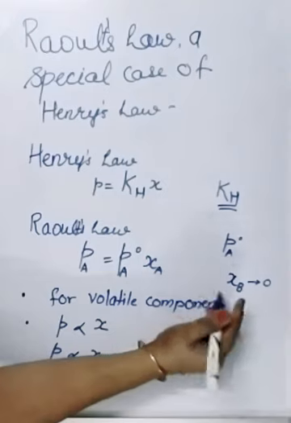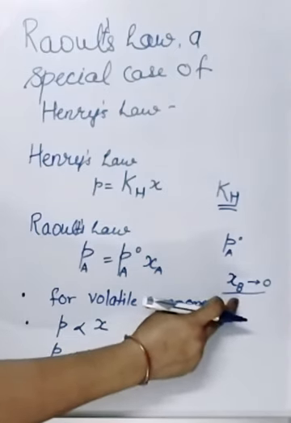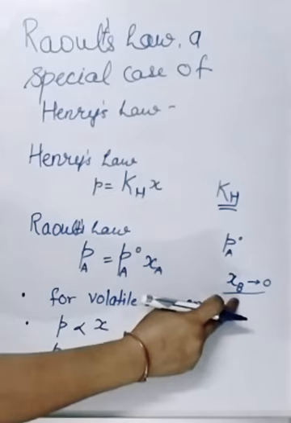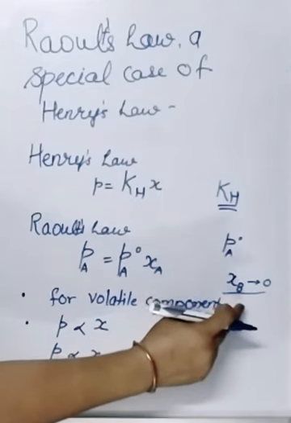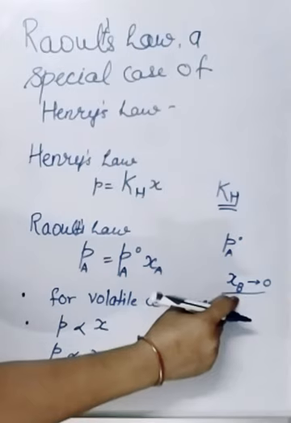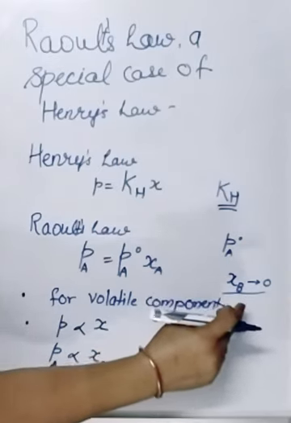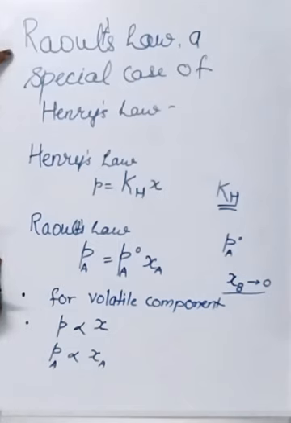That means when x approaches zero, both components, solvent and solute, obey Raoult's law, and the solute obeys Henry's law. So we'll see that Raoult's law is a special case of Henry's law.